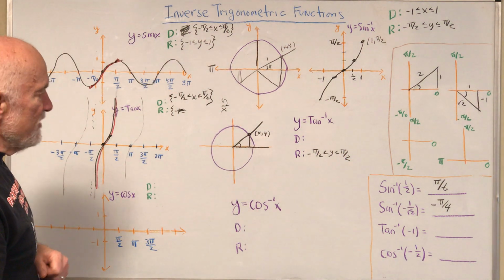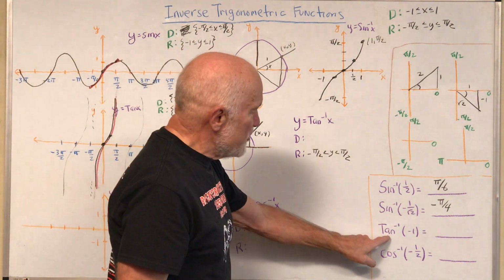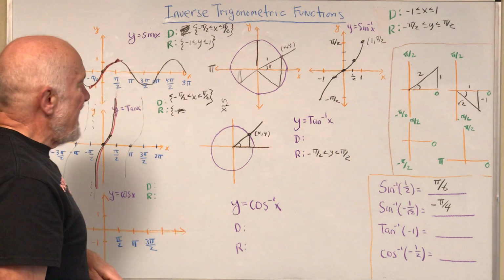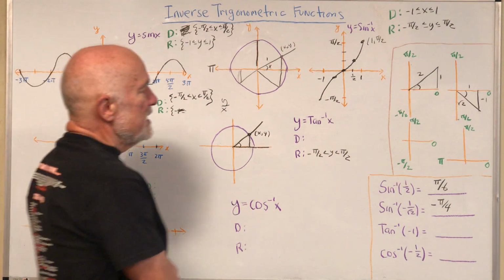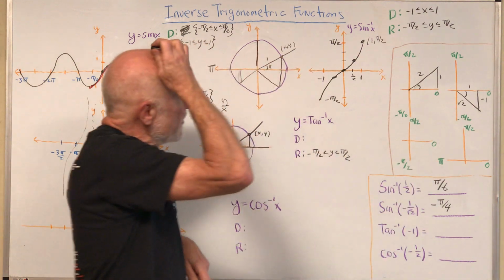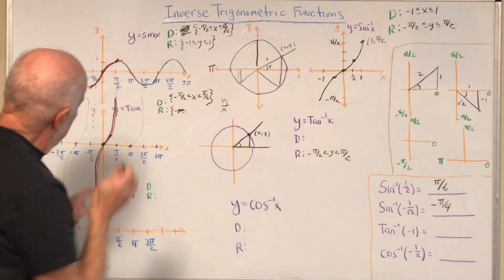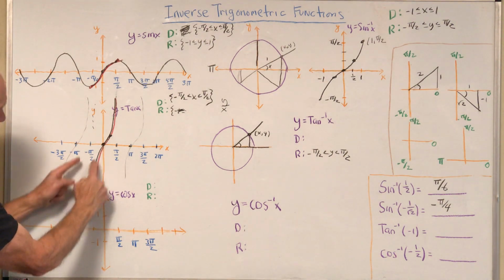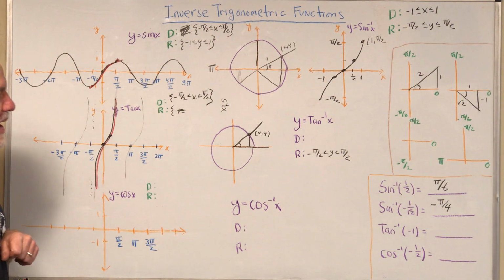So for instance, if we want to get the inverse tangent of negative 1, we're going to have to go into the fourth quadrant. We know that all the inverse tangents have to be down here. All the negative ratios are going to be between 0 and negative pi over 2.